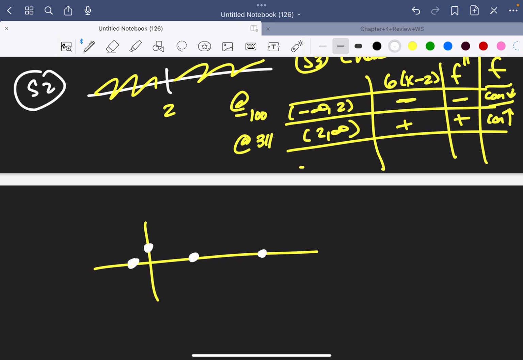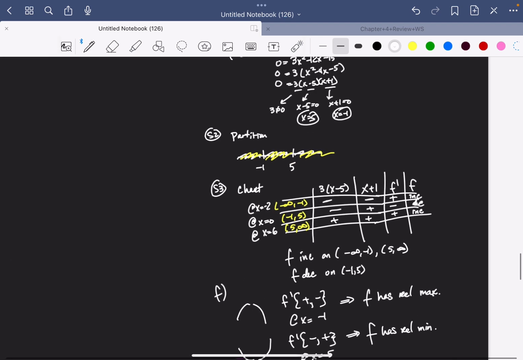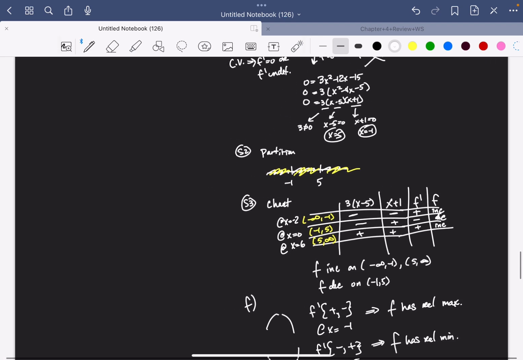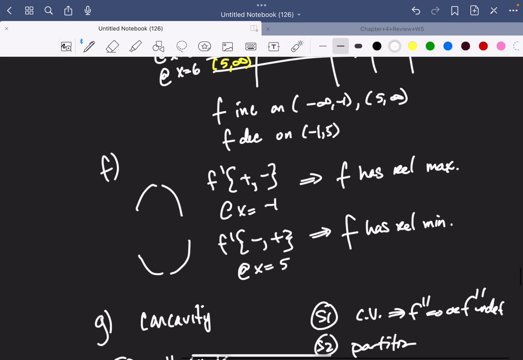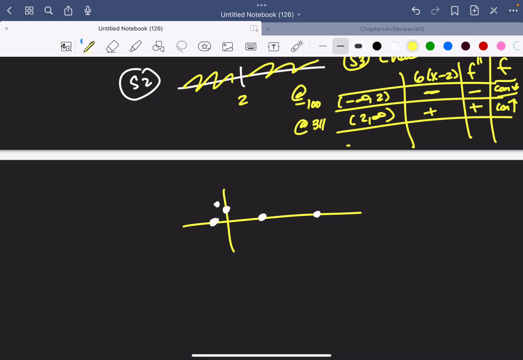So it was something like that, right? And then our relative max was, if we go back, at negative 1 over here, and a min at 5, somewhere over here.